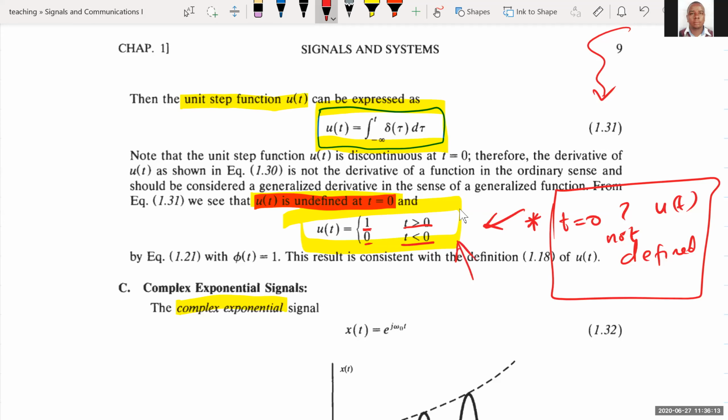So that covers the two signals that we have discussed, the unit step u(t) and the unit impulse function delta(t), and how these two are related. This expression right here illustrates that.